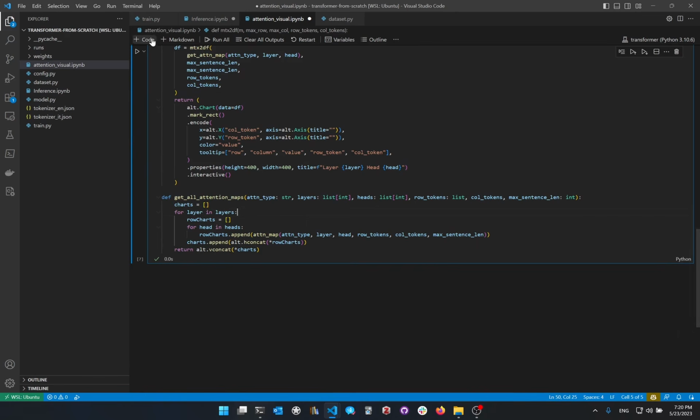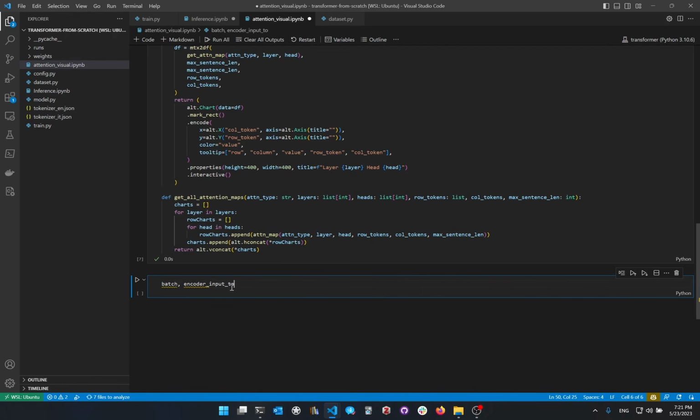Okay, let's create a new cell and then let's just run it. Okay, first we want to visualize the sentence that we are dealing with. So the batch, the input tokens.